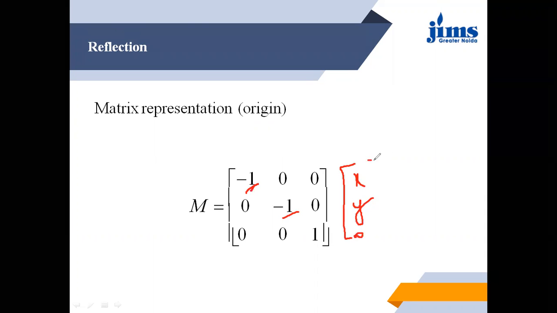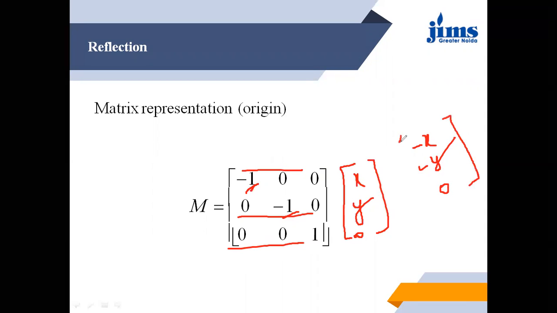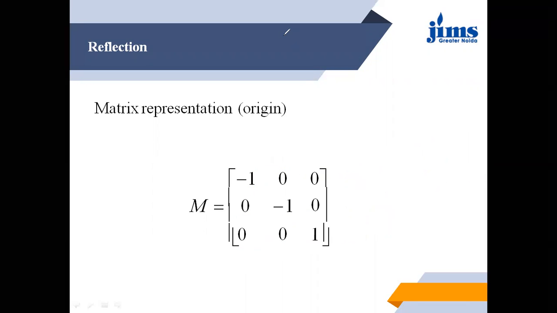When we multiply the first row with this column, we get only minus x. When we multiply the second row by this column, we get only minus y. And when we multiply this row with this column, we get 0. So all the values are going to be changed from positive to negative. This was about the reflection with respect to the origin.